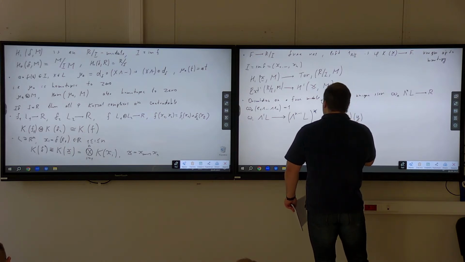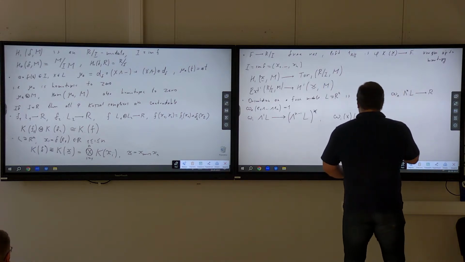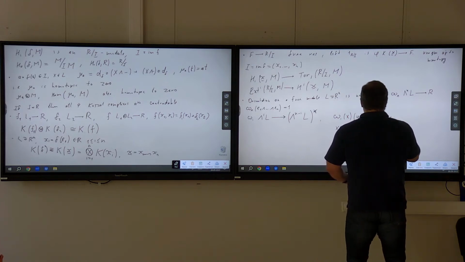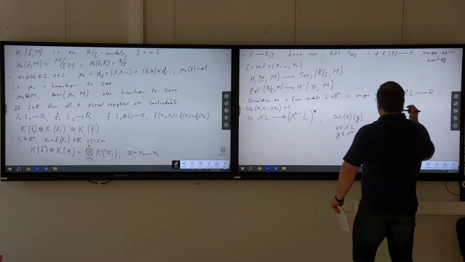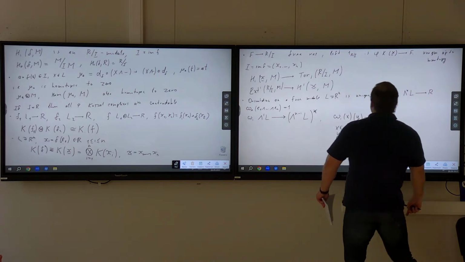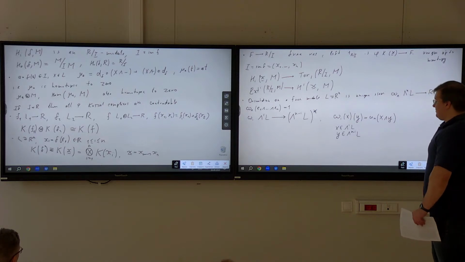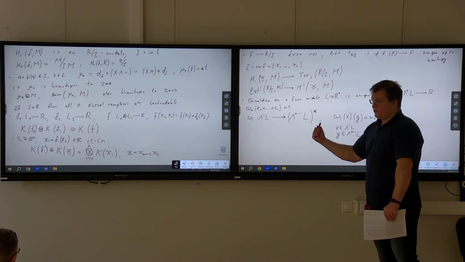In this computation, x is in the wedge i of L and y is in the wedge n minus i of L. Then I just take the product of these two elements, x wedge y, and to the product, which lives in the top exterior power, I can apply the orientation, omega n. So this is the definition.